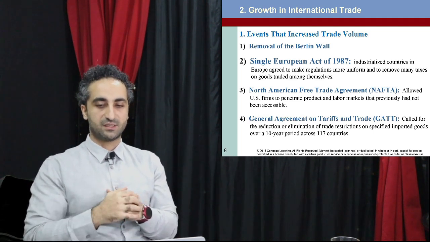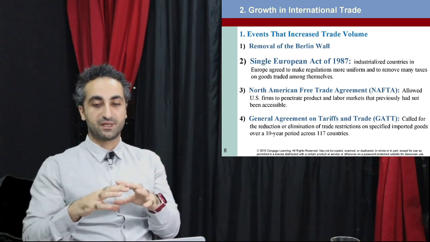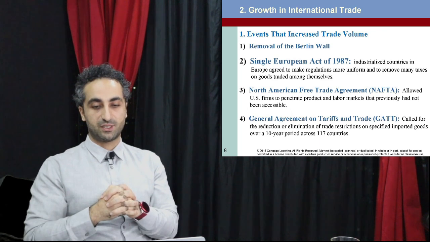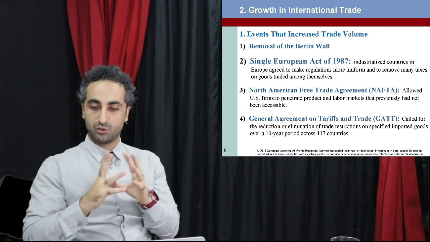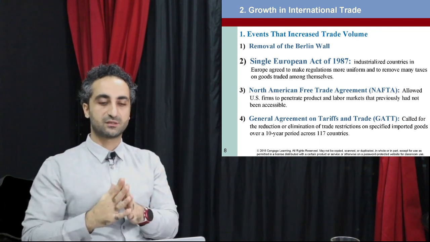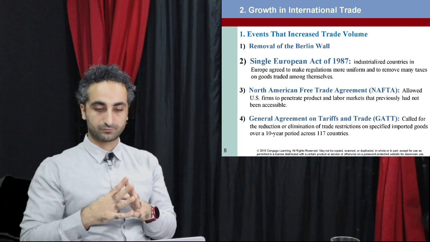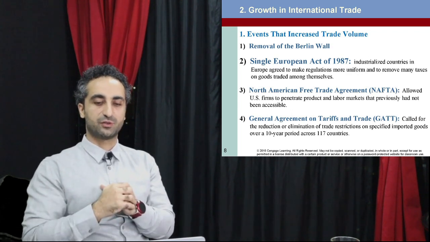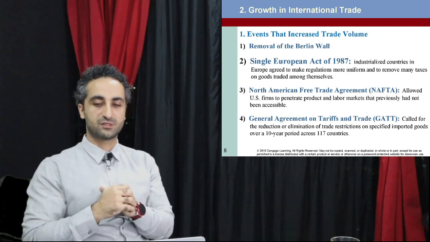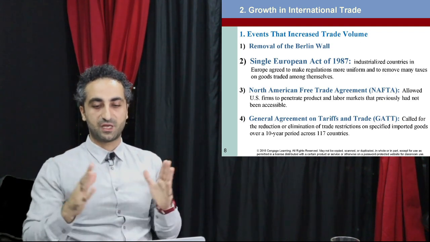In 1987, the Single European Act, industrialized countries in Europe agreed to make regulations more uniform, to make it easy to standardize things. The General Agreement on Tariffs and Trade, GATT, called for the reduction or elimination of trade restrictions on specified important goods over a 10-year period.